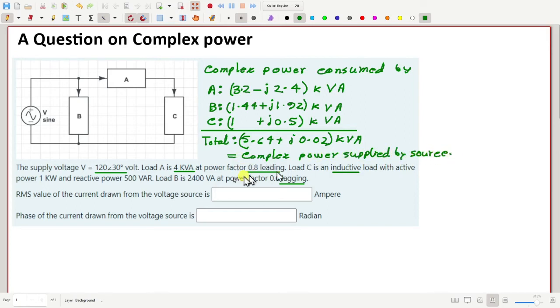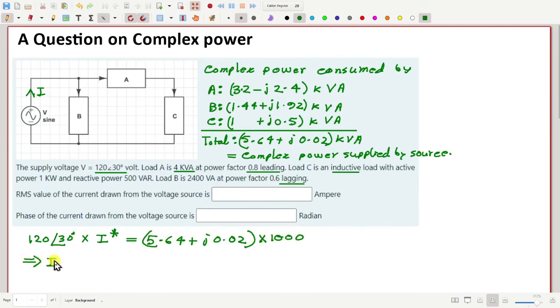Therefore from here we can write that the source voltage, which is given here as 120 volt at 30 degree, multiplied by the current conjugate, if I call the current I, should be equal to this total complex power supplied, 5.64 plus j 0.02 kilo, so that means multiplied by 1000. From here you will get the value of I star.